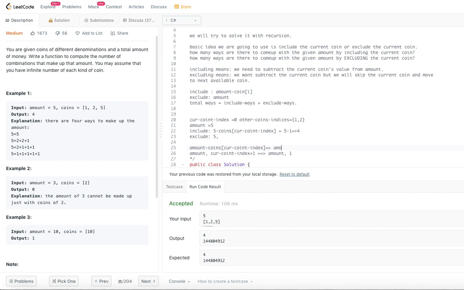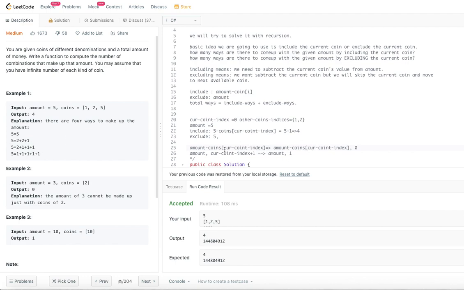And in this case we are using it, so current coin, comma 0, right? So we are trying to use the same coin some number of times, we don't know how many times. For example, for amount 5, the 1 will be used 5 times, in this case 2 times, in this case only 1 time.